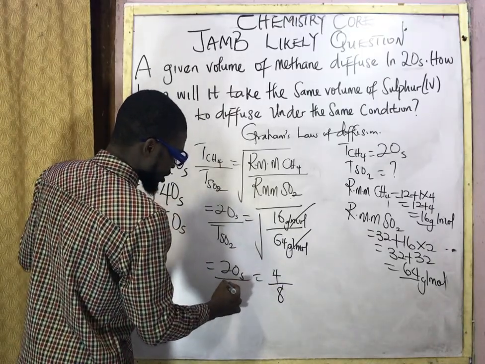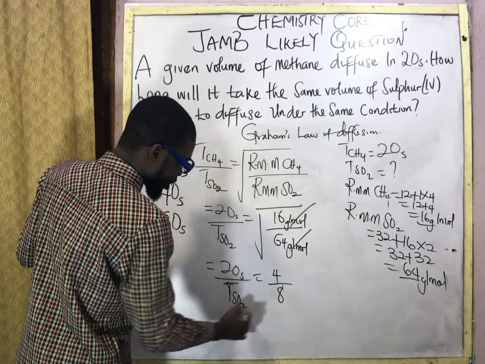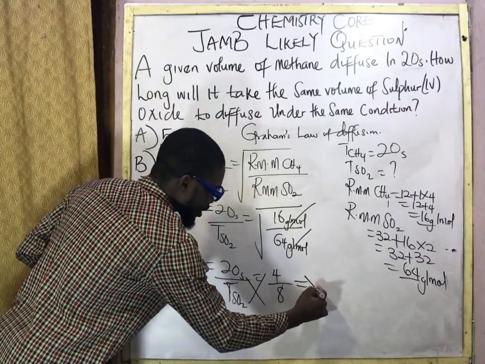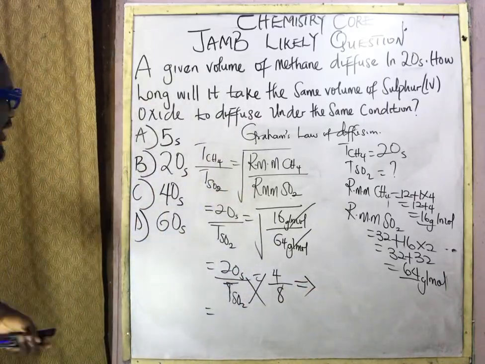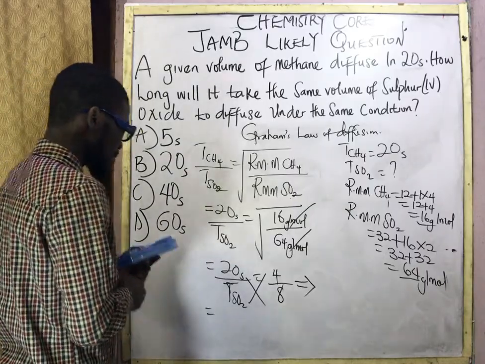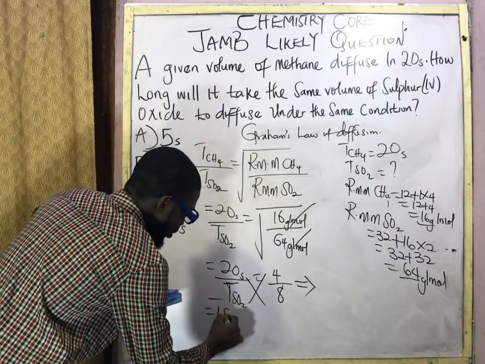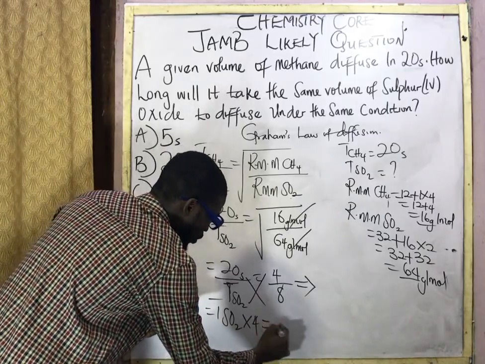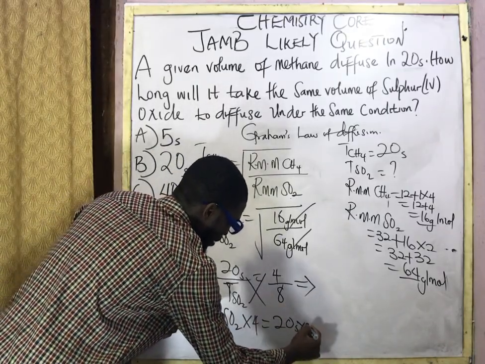So guys, the time of sulfur oxide, when you cross multiply, what are we going to have? We can easily say we have the time of sulfur oxide multiplied by 4 equal 20 seconds multiplied by 8.